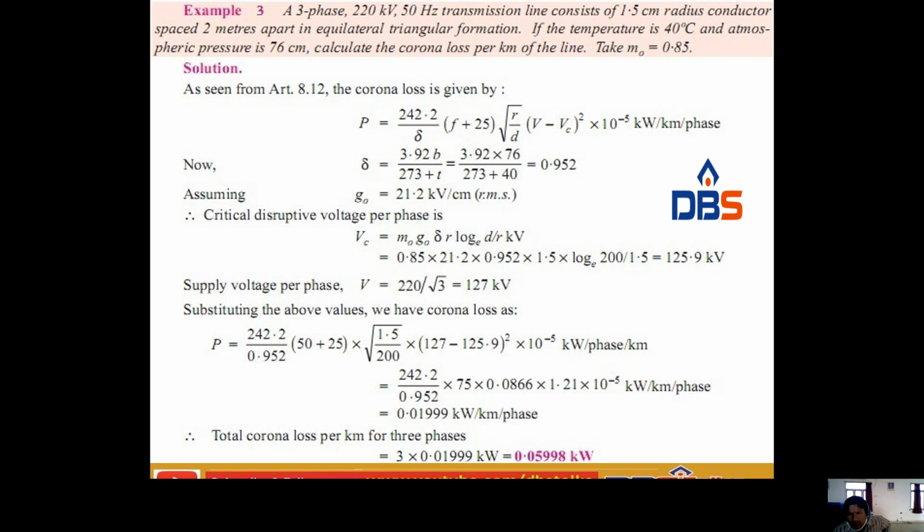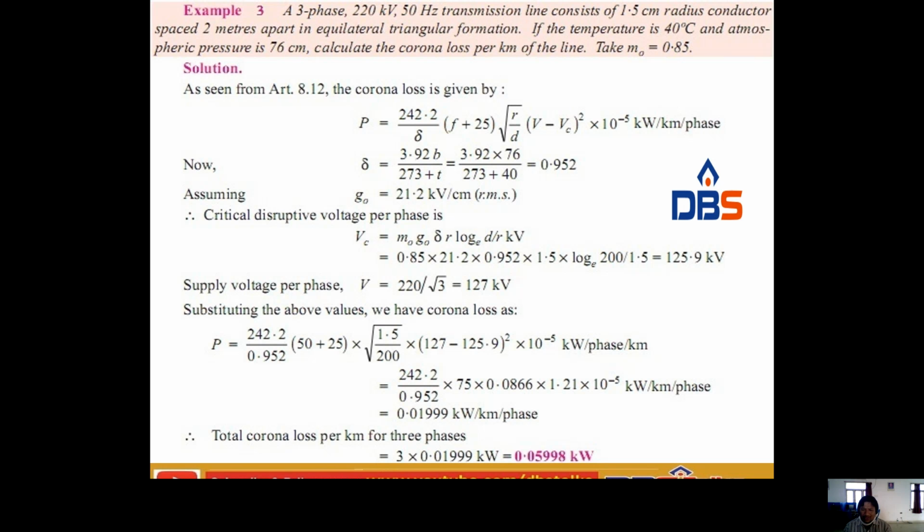Then Vc is equal to 125.9 kV. By calculating with the calculator, we get the critical disruptive voltage per phase as 125.9 kV. And they have given the supply voltage, that is 220 kV, 3-phase. So V phase is equal to 220 by root 3, that is 127 kV.